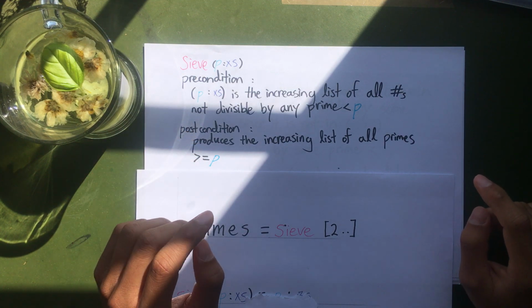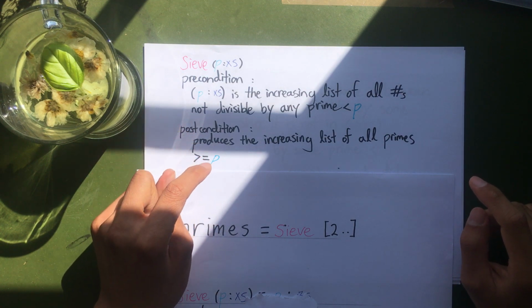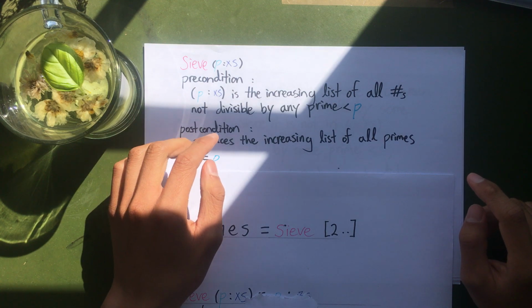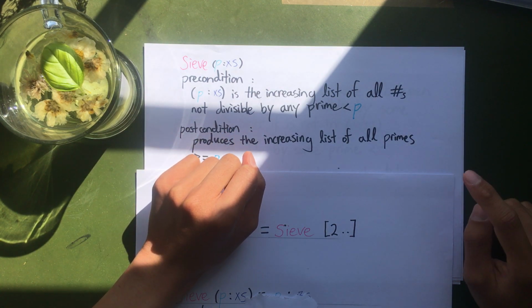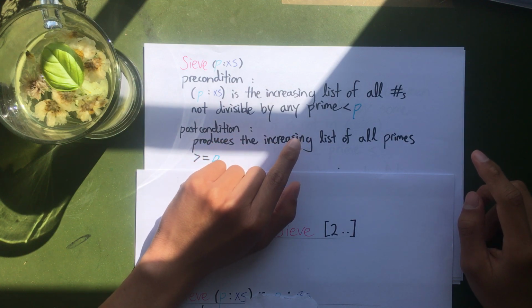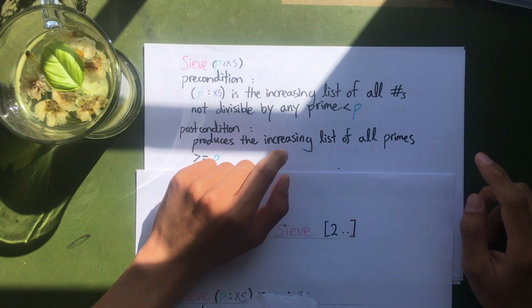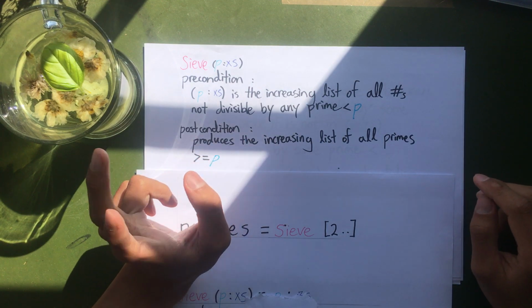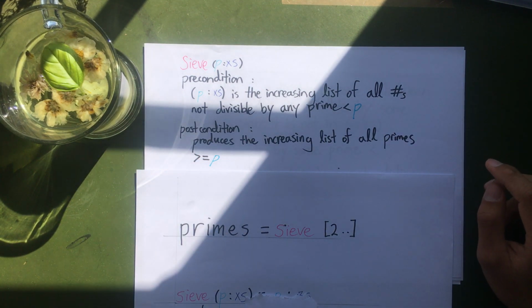Okay, so if the precondition holds, it must be that this is the increasing list of all numbers not divisible by any prime less than 2. Well, there are no primes less than 2. 2 is the smallest prime. And so this should just be the increasing list of all numbers.